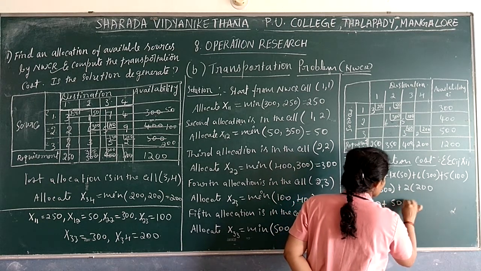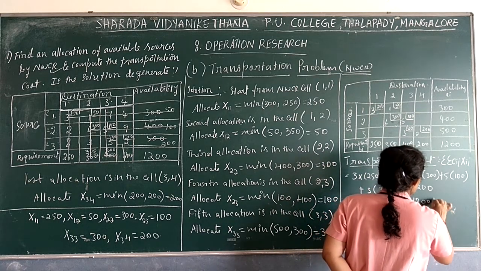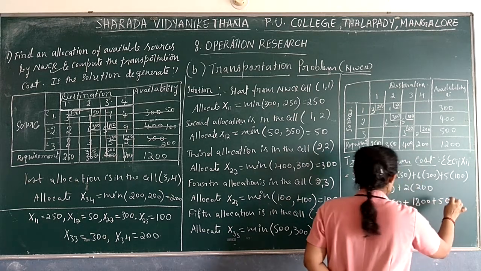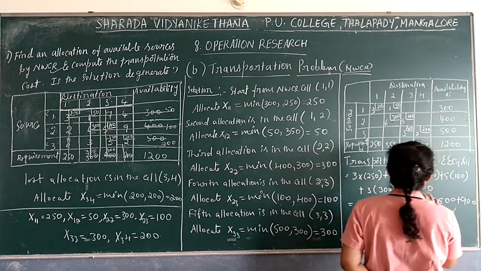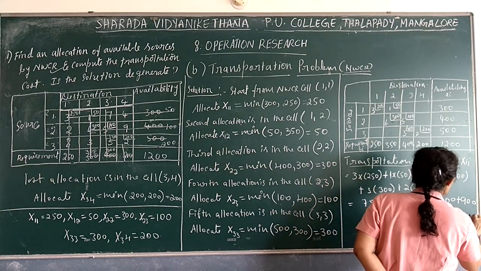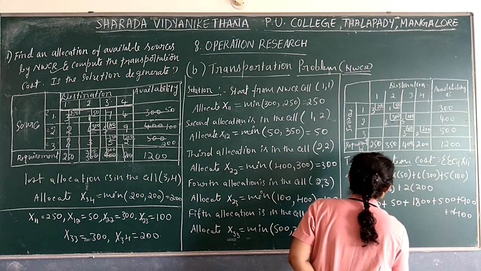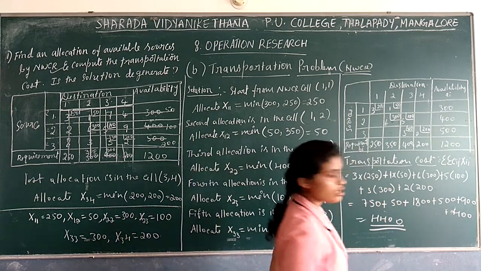Here it is 50. Then next we get 1800. Next it is 500. Then here it is 900. Then at last plus 400. When we add, we get 4400. So this is the transportation cost.